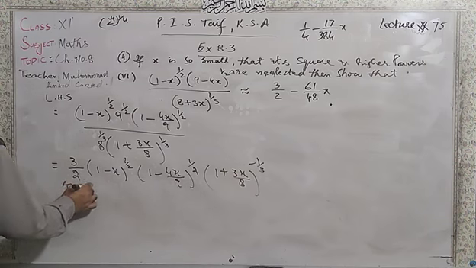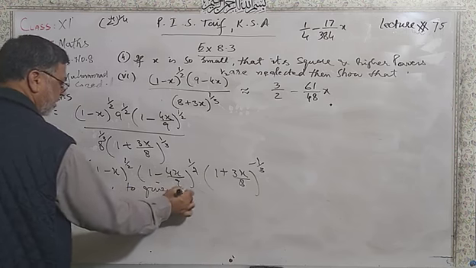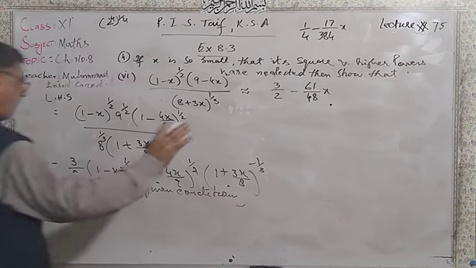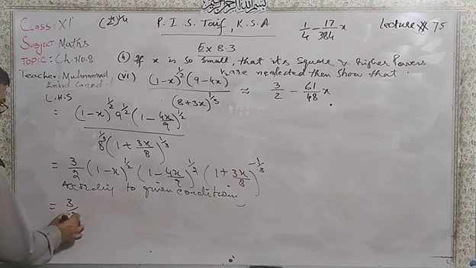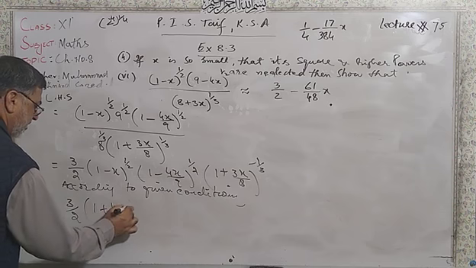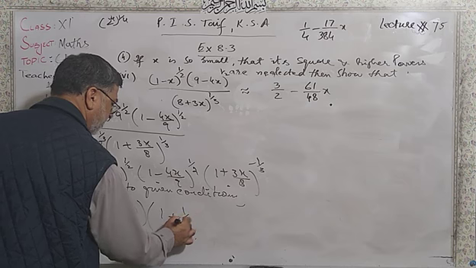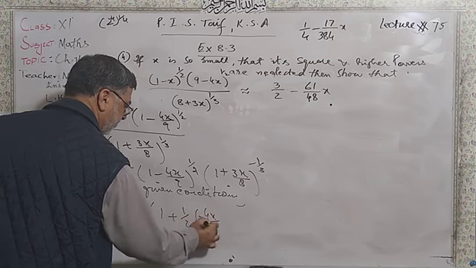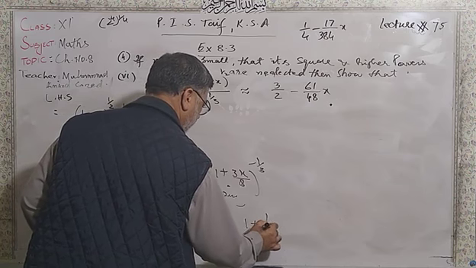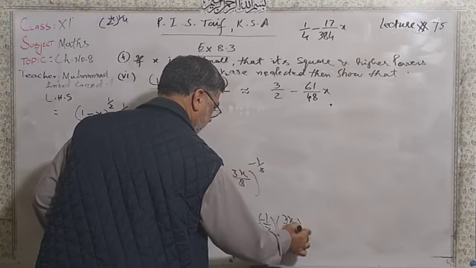According to the given condition, that terms involving x square and x cube are neglected, I am writing down directly 1 plus nx, and 1 plus nx, then 1 plus nx, 3x over 8.